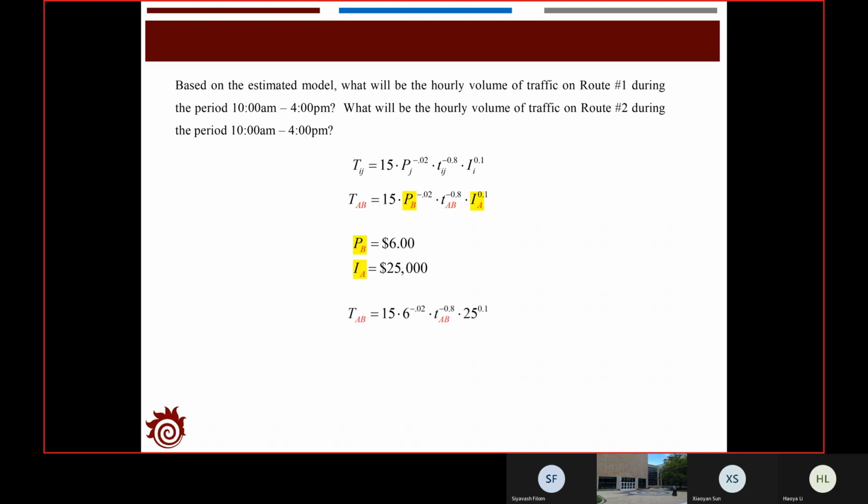This one is still minus 0.2, so it gives you the relationship between the trip rate and the travel time. All the others will be constant for this example. With that, you can simplify this as TAB equals 14.46 times capital TAB to the power minus 0.8.